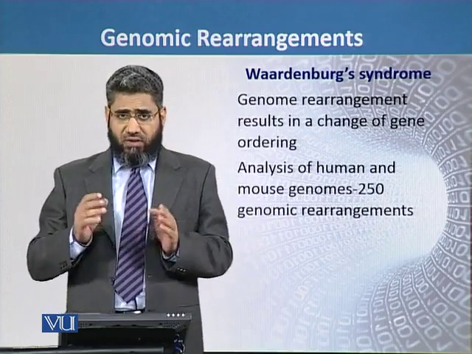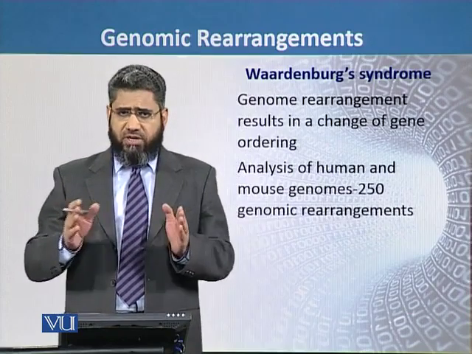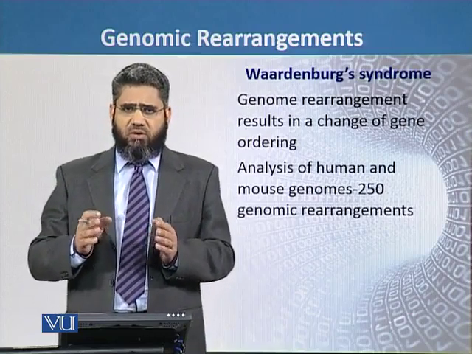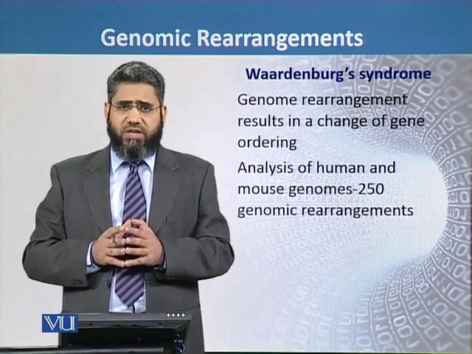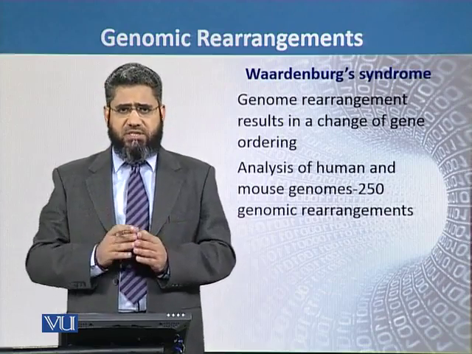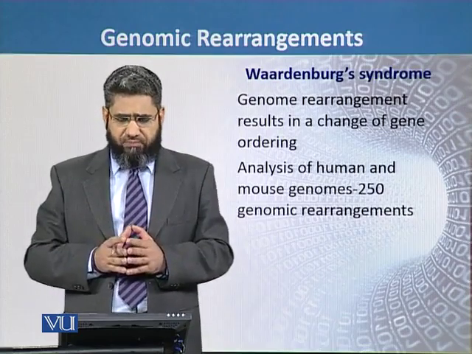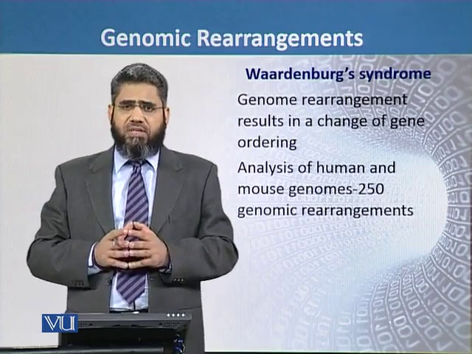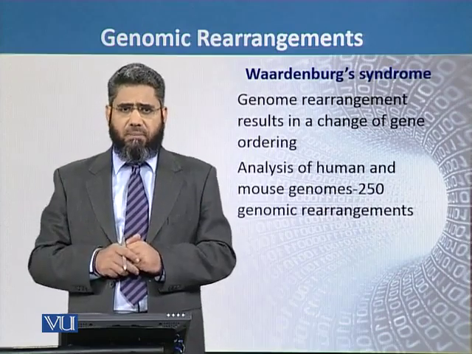So the rearrangement of the genes within the genome can result in the alteration of the genome architecture. We cannot say with confidence how many times this change in the genome occurred in evolutionary history, but we can assume that a total of 250 genomic rearrangements can be found in the human genome as compared to the mouse genome.